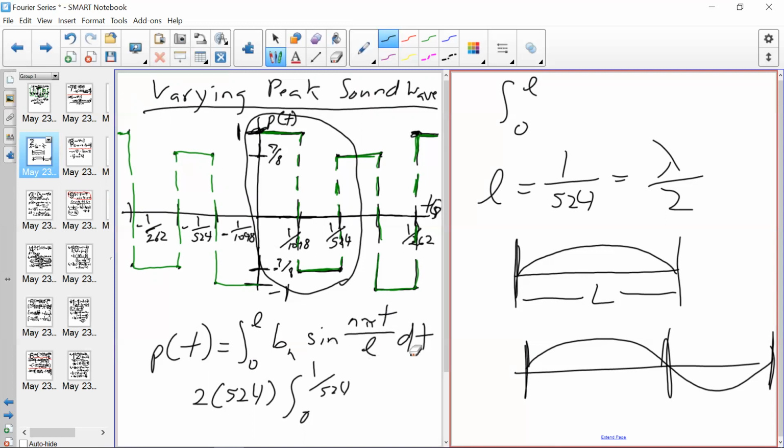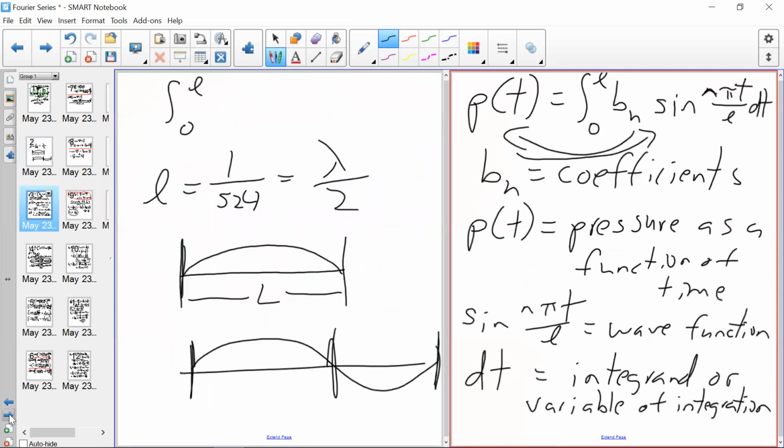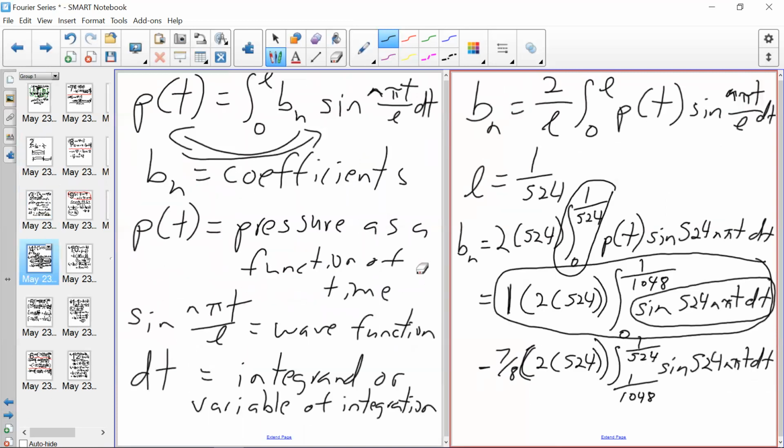We've now completed the entire integral, and our job was to find the b sub n's, which are the coefficients. And the way that we go about that is to use this b sub n function, this is what we just did. We finally got to the end of it, got all of our b sub n terms. Now we can finally put our b sub n terms into the original p of t function.